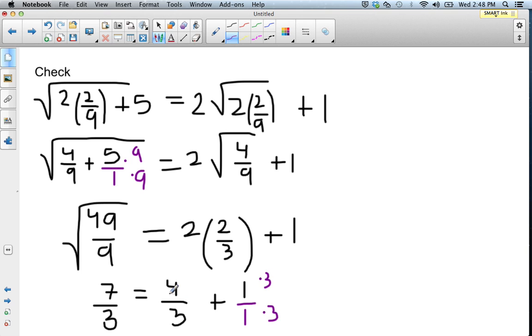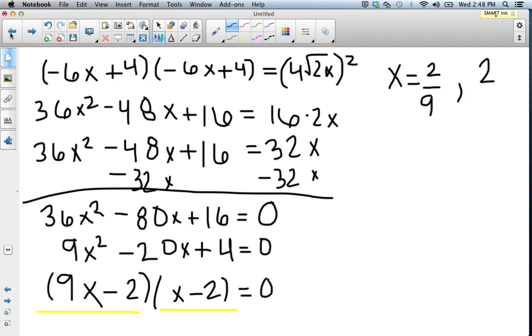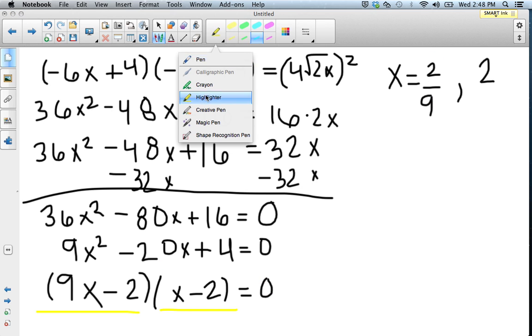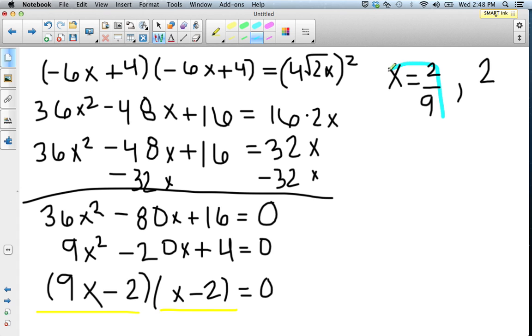So I get a common denominator. And then we'll have 4 plus 3 is 7. So, yay, it works. We get 7 over 3 equals 7 over 3. Check. So I know that 2 over 9 is a solution. So I'm going to go ahead and highlight that.